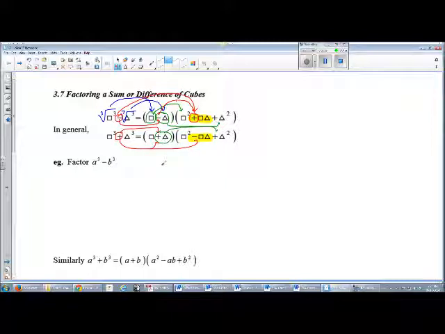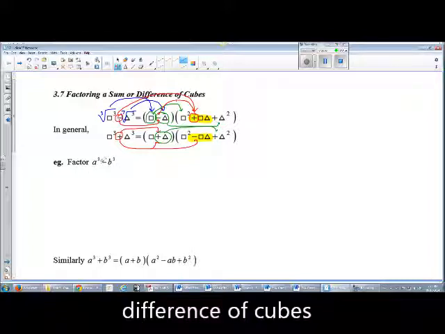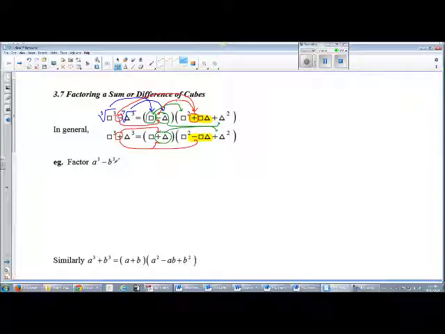Okay, so let's take a look at a couple examples just to see how this works. So we've got this difference of cubes here, a cubed minus b cubed. First of all, we can take the cube root of a cubed, and that equals a, and the cube root of b cubed, which is b. So a cubed minus b cubed is going to be the same format.